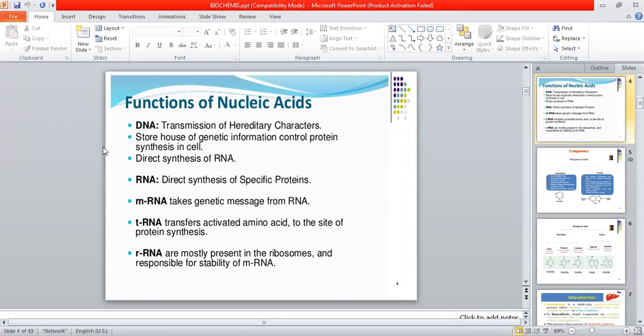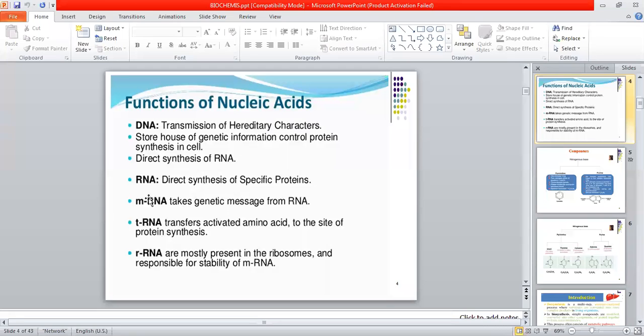The next one is RNA. RNA is used to make protein. RNA is divided into three parts: messenger RNA, transfer RNA, and ribosomal RNA. Messenger RNA, as the name indicates, transfers the message from DNA.